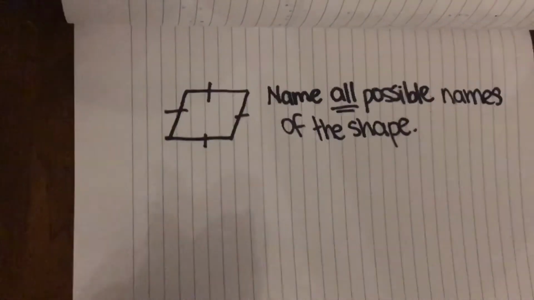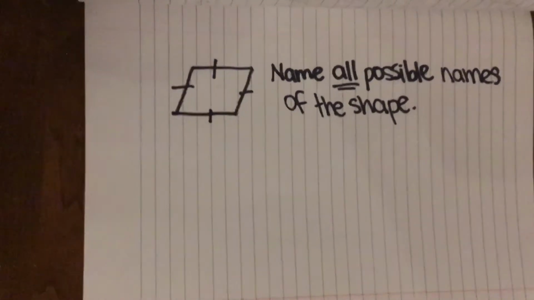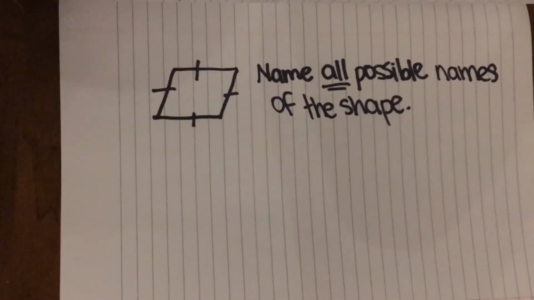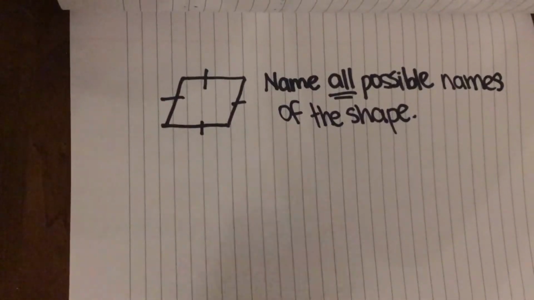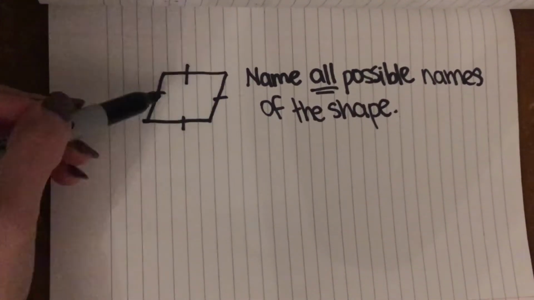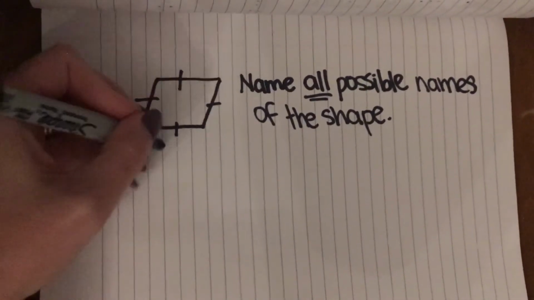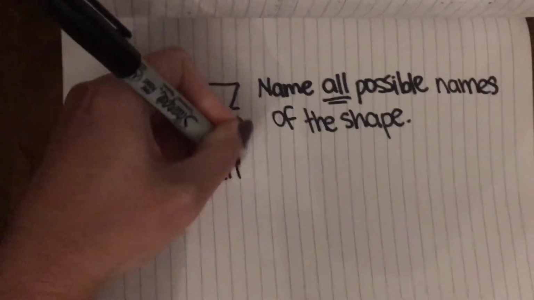So looking at this shape, again, go through every possibility, look at all the rules to really decide all the names of this shape. First up, quadrilateral. 4 sides, 4 angles. 1, 2, 3, 4. So this is a quadrilateral.